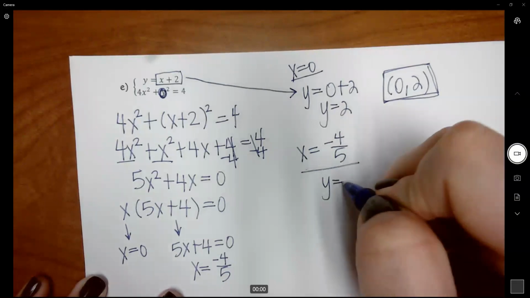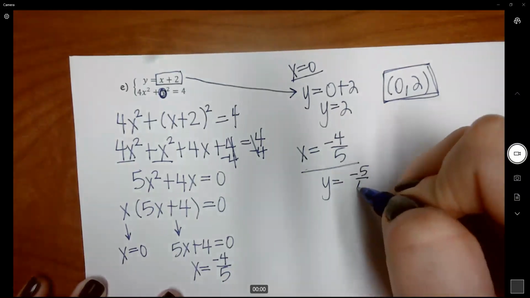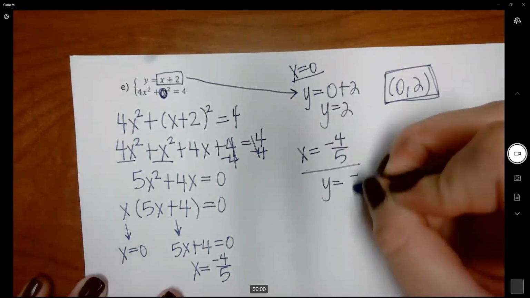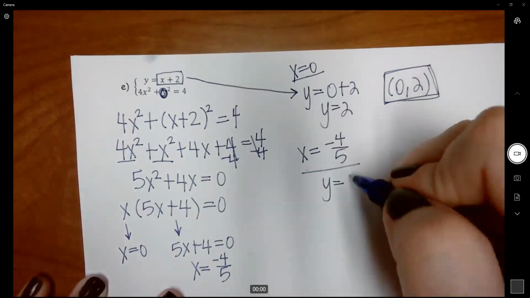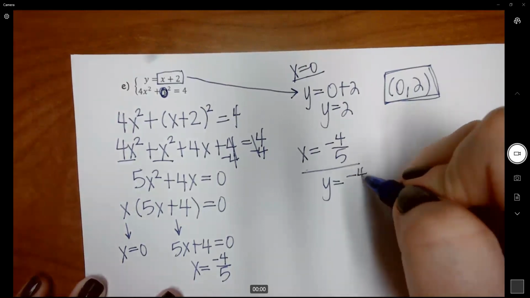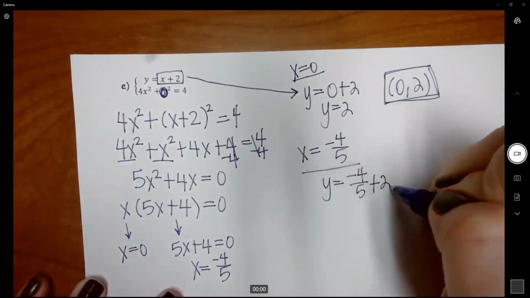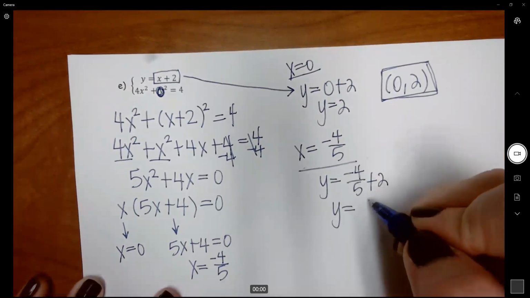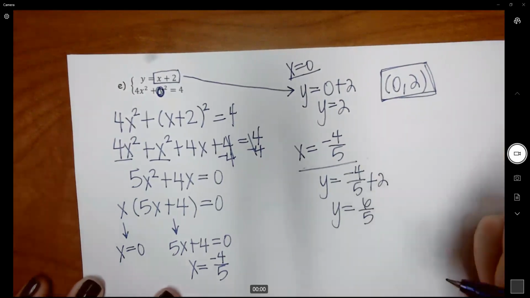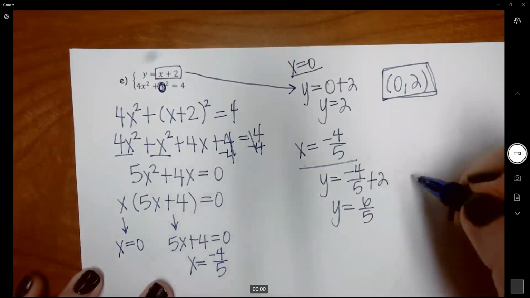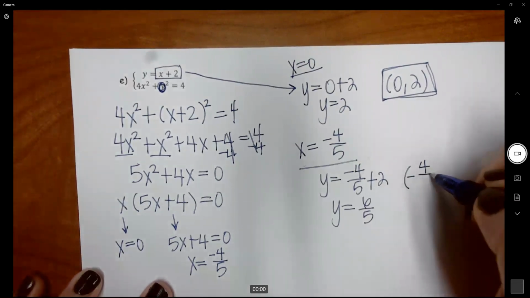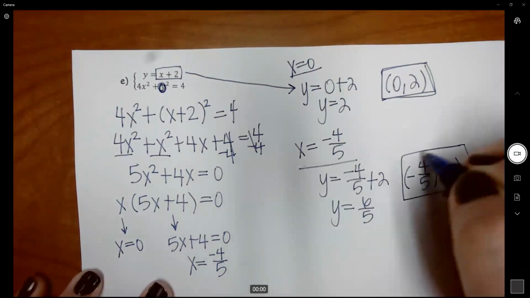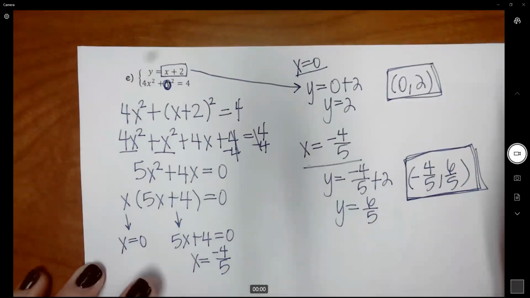So we've got y equals -4 over 5 plus 2. Use your calculator and you will get 6 over 5. So the ordered pair here is -4/5 comma 6/5.